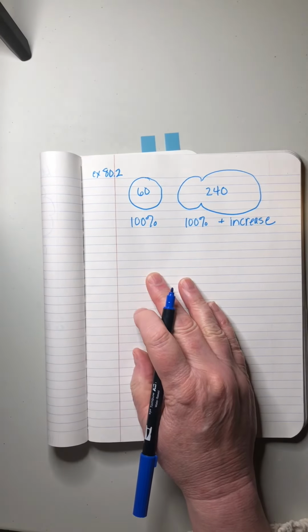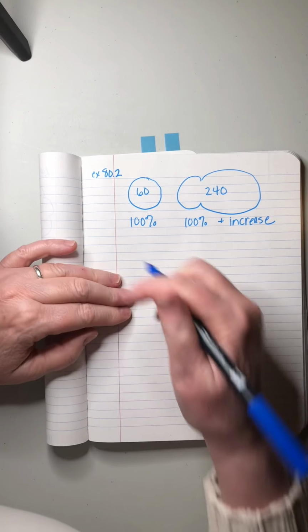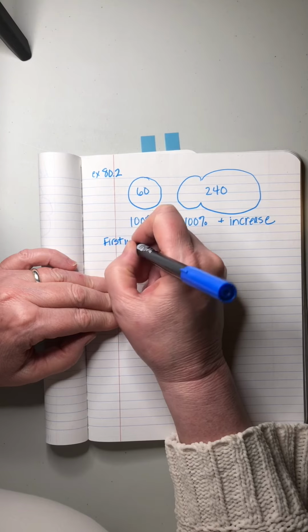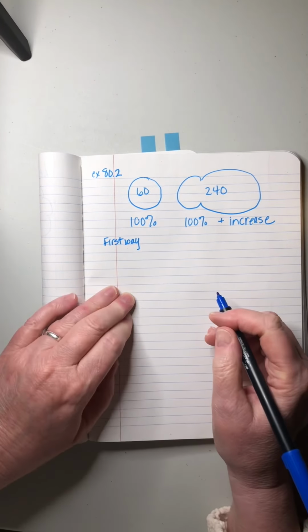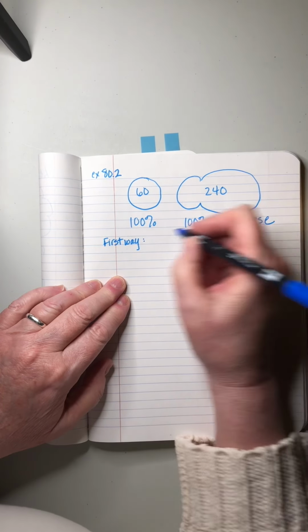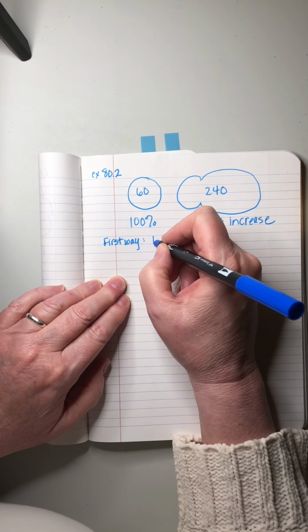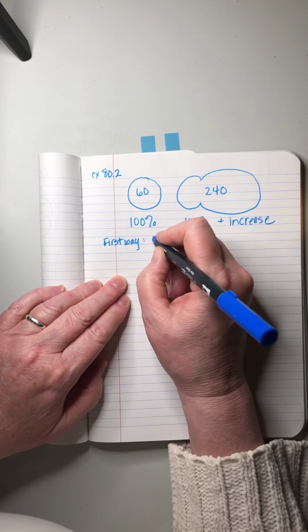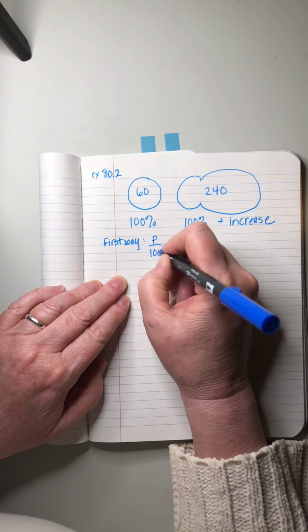Okay, first, what I'm going to do is I'm going to find... I'm not going to try and describe it. Okay, we don't know the percentage. So it's P over 100, right?